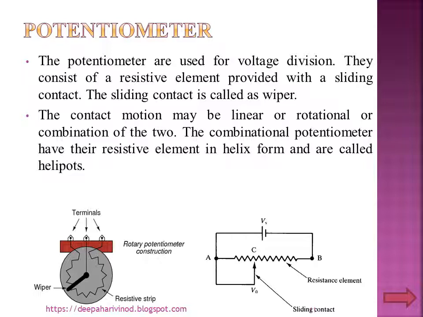Advantages of potentiometric transducer: they are economical, easy to operate, high efficiency, large output. The main disadvantages are that sufficient force is required to slide the wiper, and noise will be produced due to wear out.